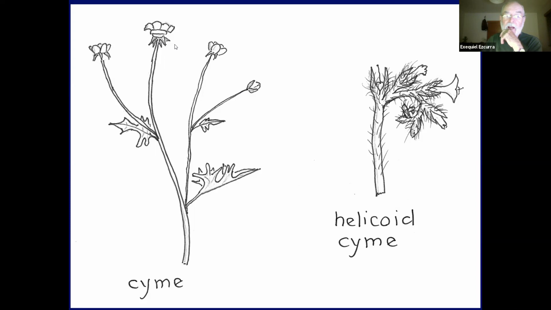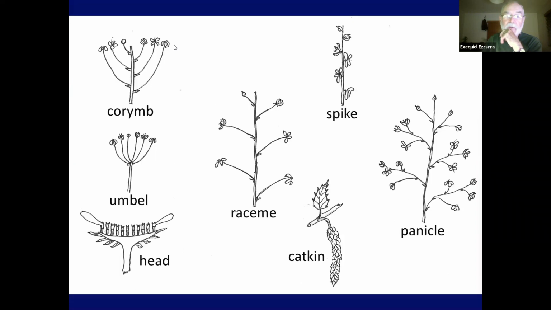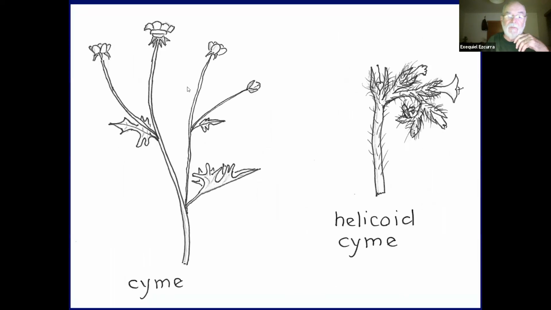While if you allow me, I'll go back to the umbel, for example, or the corymb. In the corymb, the older flowers are outside. If you look at the inflorescence from above, you will see a dome with older flowers outside and the younger flowers in the center. In the cyme, you see exactly the opposite. The oldest flowers are in the center of the inflorescence.